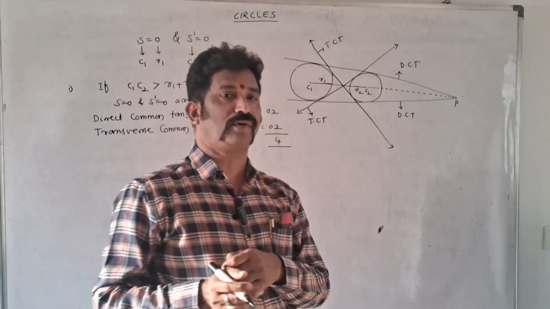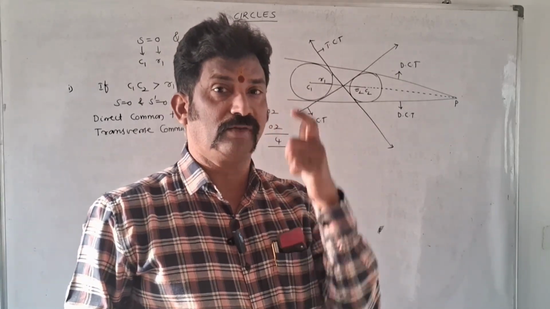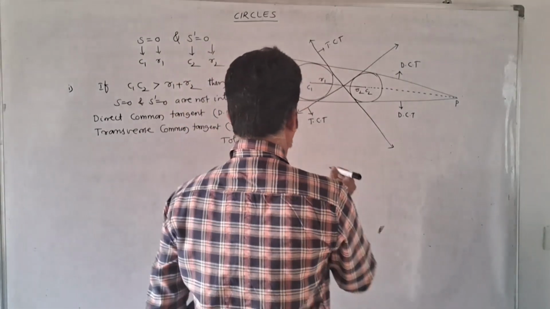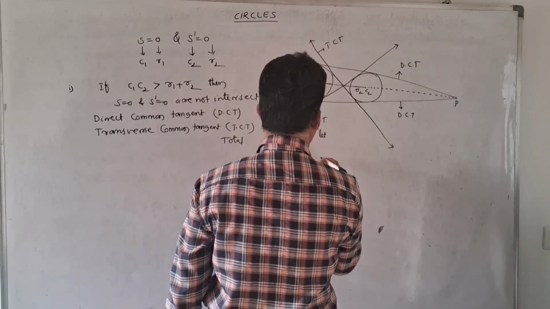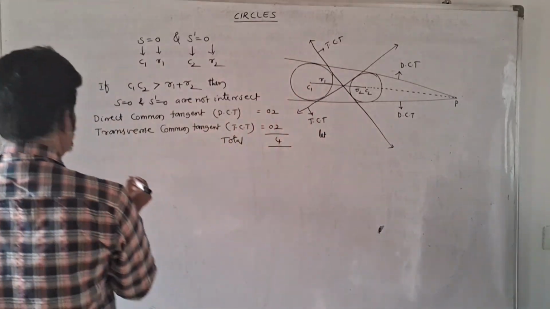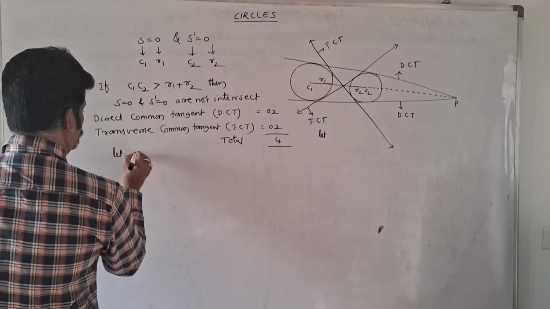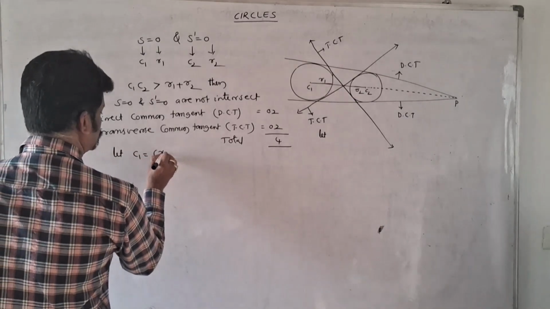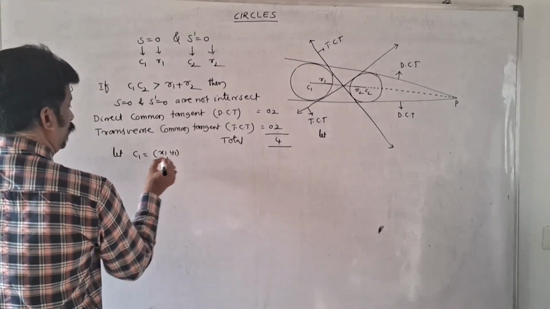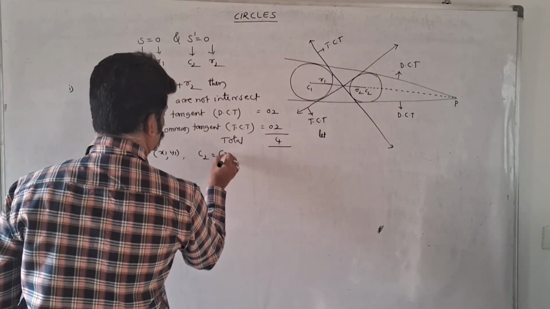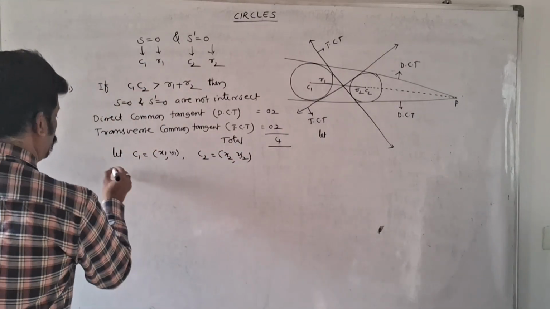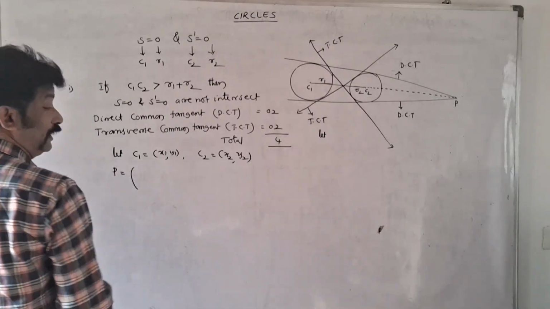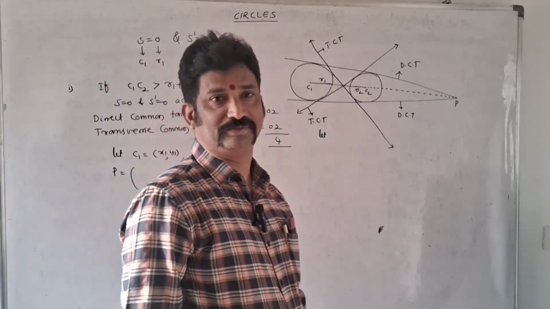Now let C1 be (x1, y1) and C2 be (x2, y2). I consider that.